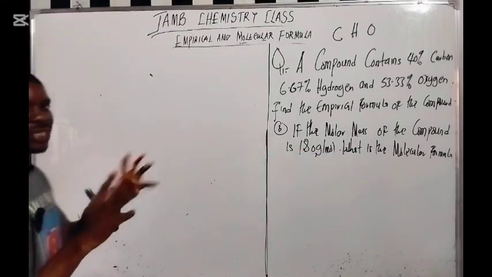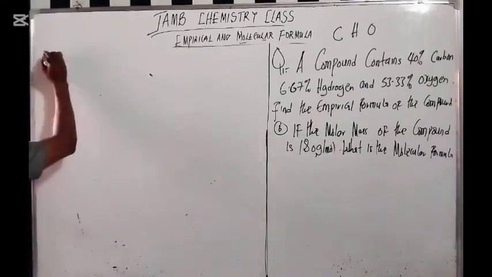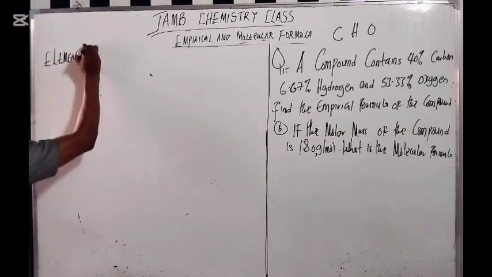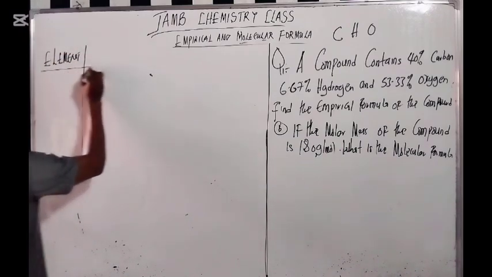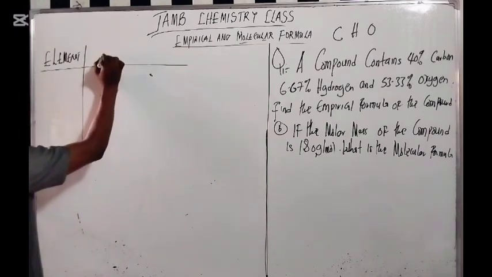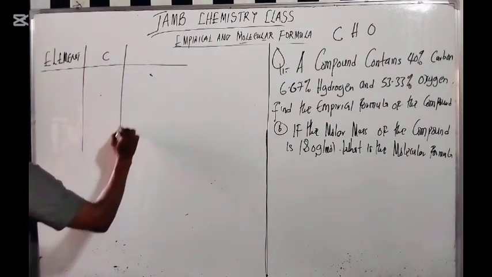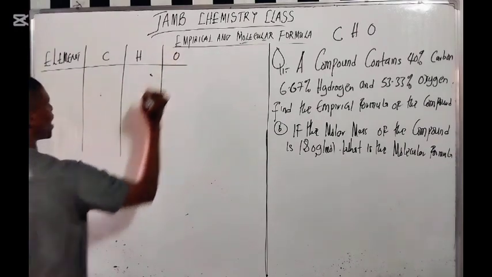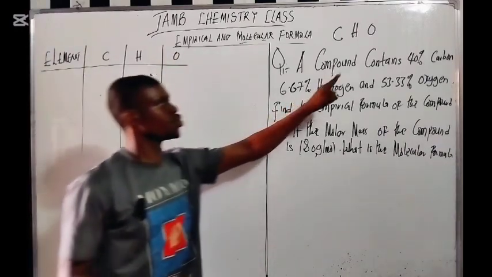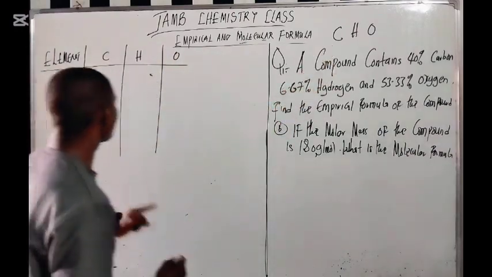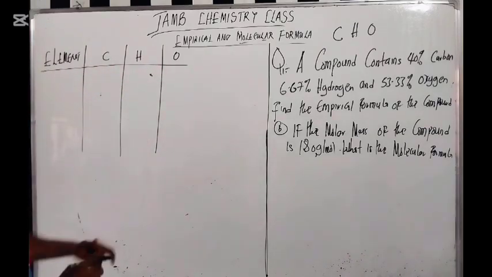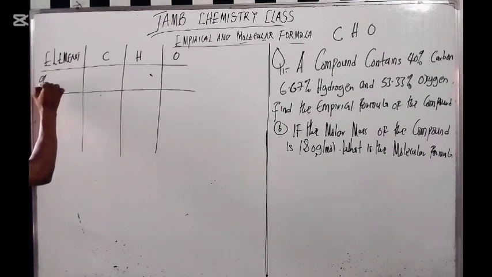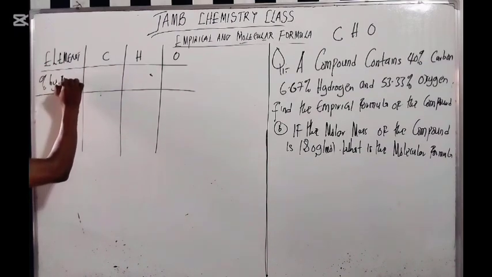So now I'm going to use a table here. So you have elements, and here they give us 3 elements: carbon, hydrogen, and oxygen, right? So what we want to do here is just to use their symbols, right? Carbon, hydrogen, and oxygen. So from here now, what are the percentages by mass?